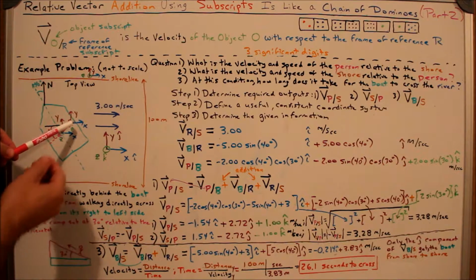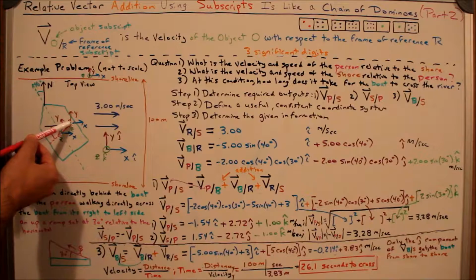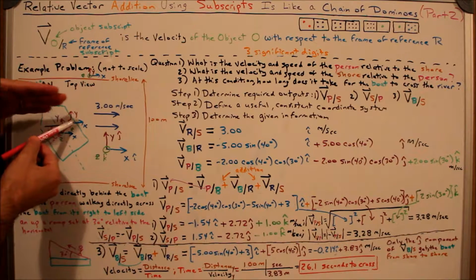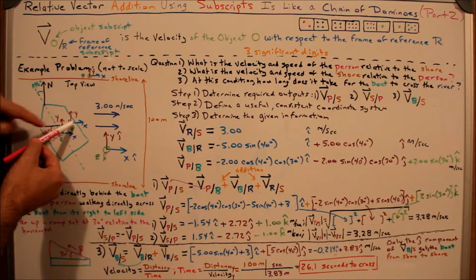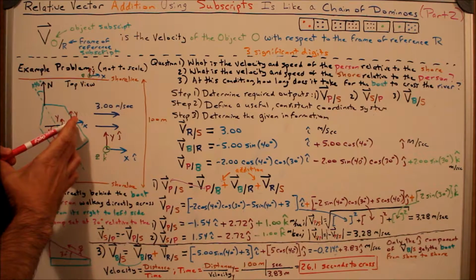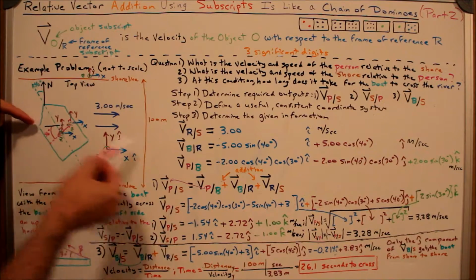So this is the directionality of that vector. It's coming out of the board in this direction. So then I want to find the vectorial component in the i direction. We can see that's going to be a minus. And I was told the magnitude was 2 meters per second, so we know we're going to have a minus 2.